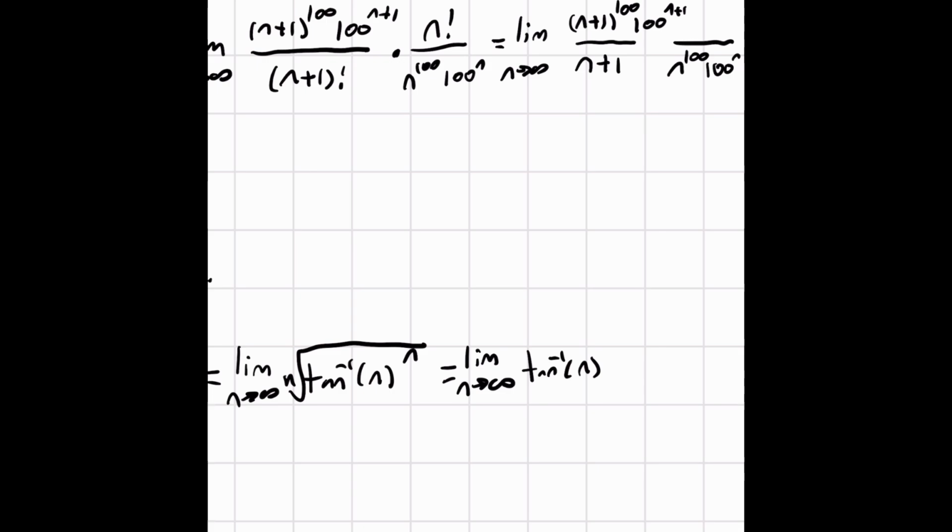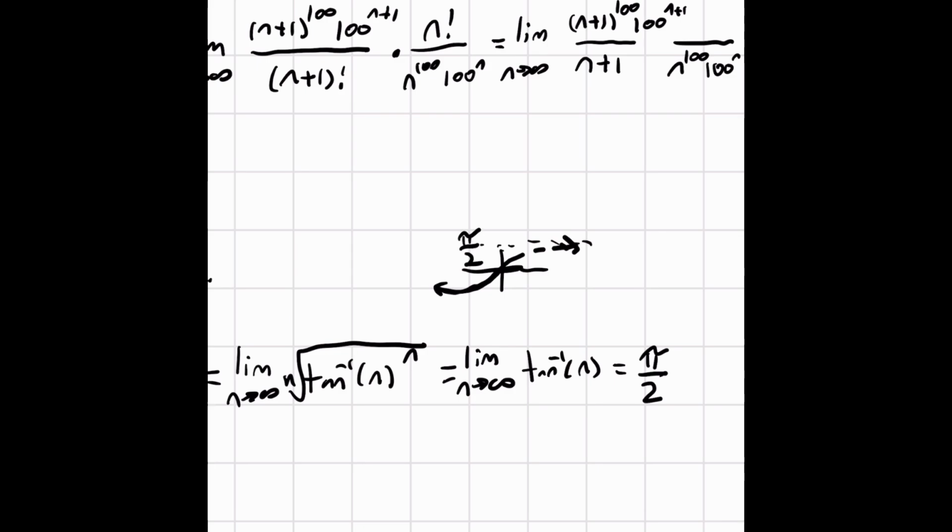And as n blows up to infinity, tangent inverse, this is a weird problem, is heading to pi over 2, right? I don't know if we remember what the graph of tangent inverse looks like. Am I going to draw this right? Something like this, where this asymptote is at pi over 2.